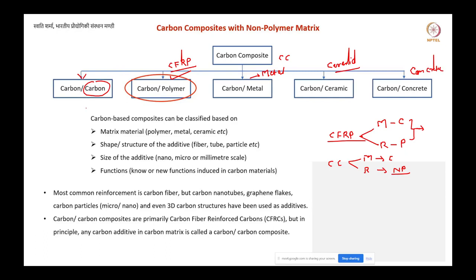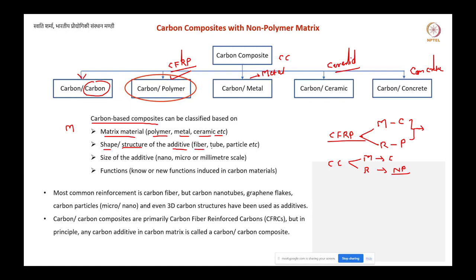So what we'll be mainly seeing here is the carbon based composite. First is the matrix material, which could be a polymer, metal, ceramic, etc. Second is the shape and structure of the additive, and how it affects the properties.